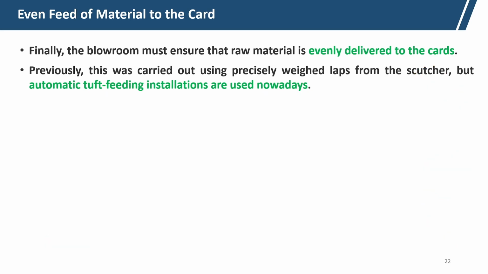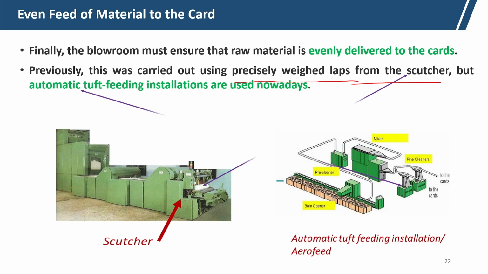Previously this was carried out by precisely weighing the lap at the scutcher section, but automatic tuft feeding installations are used nowadays. Earlier, we used to have the scutcher section.